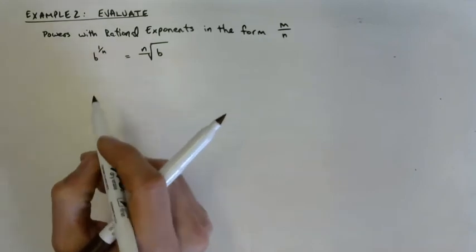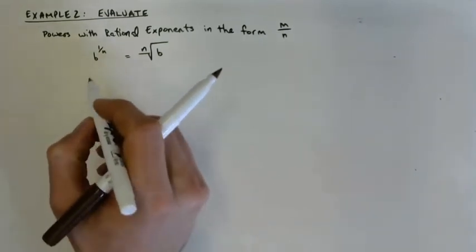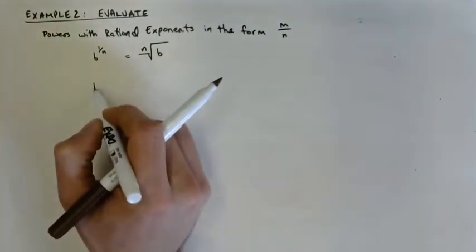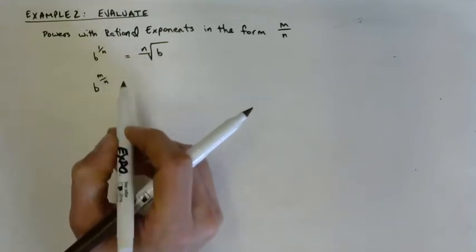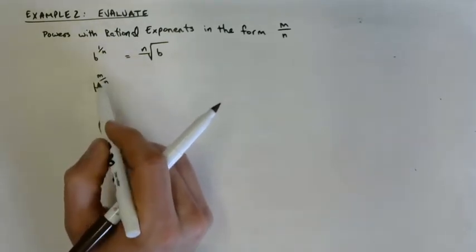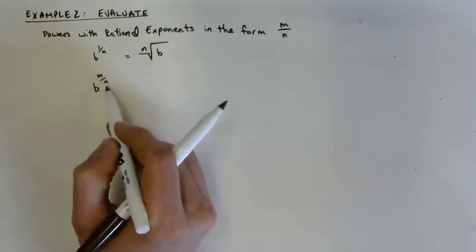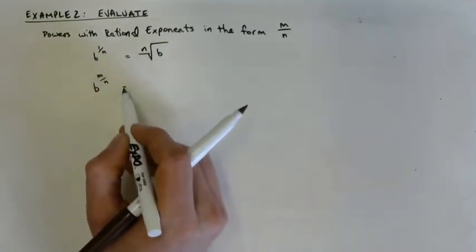Now we can use that idea to then work with more challenging rational exponents, like rational exponents in the form m over n. That looks like this. If we have any base, and our exponent is now instead of 1 over n, it's another integer over n. Okay, so now any fractional exponent, not just one that has 1 over a value, we can work with.